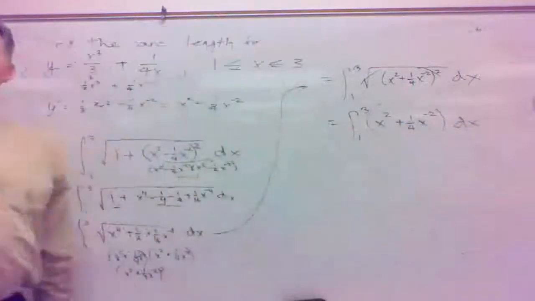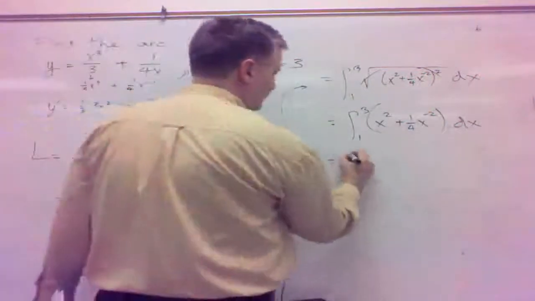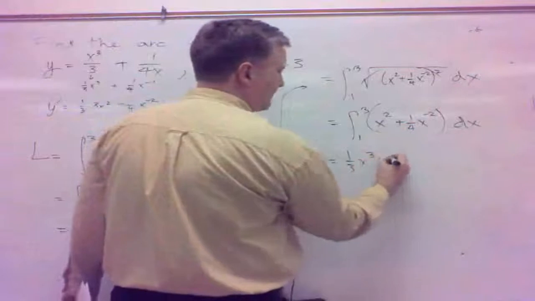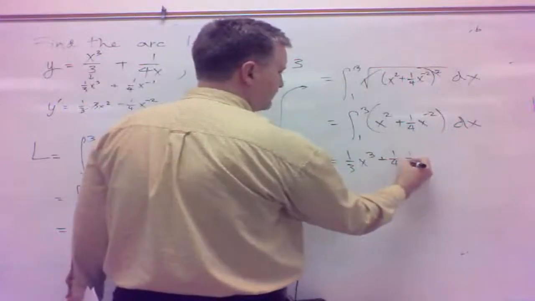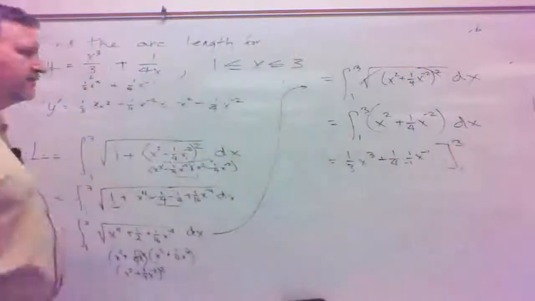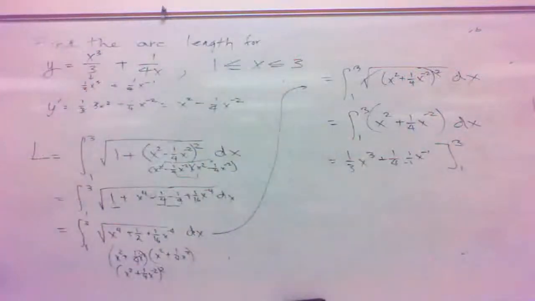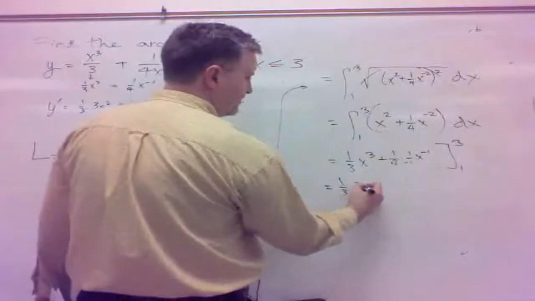Which is just power rules now, right? That's 1/3 x cubed. That's 1/4. What would it be? Minus 1, so it would be 1 over negative 1, x to the minus 1, from 1 to 3. Did I do that right? So it's 1/3 times 3 cubed, which is 27, that would be 9.